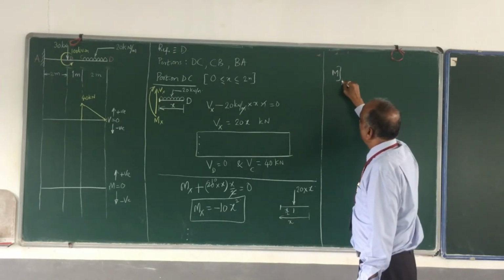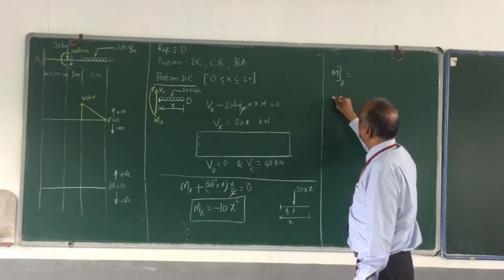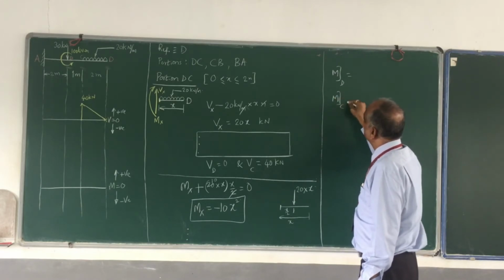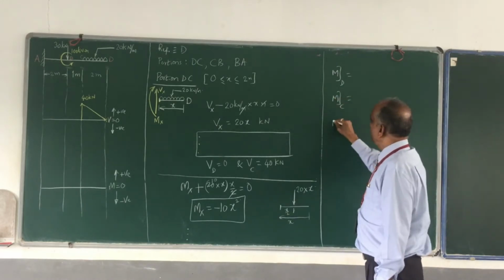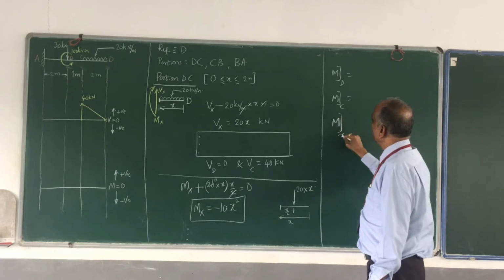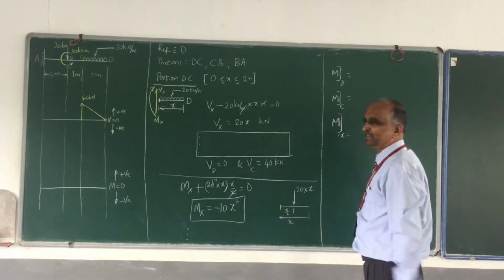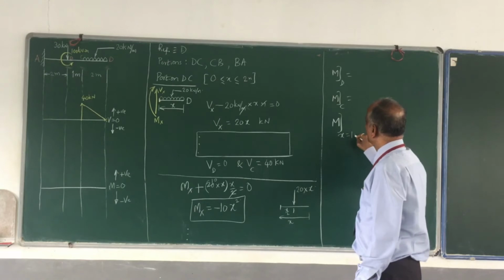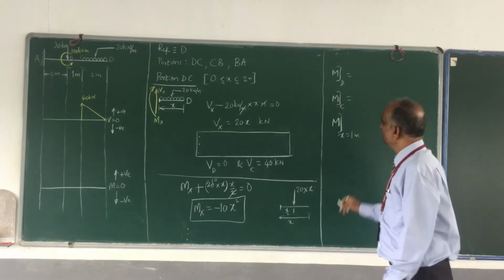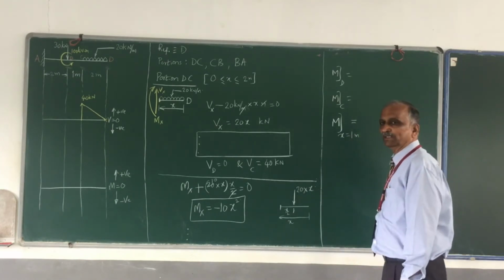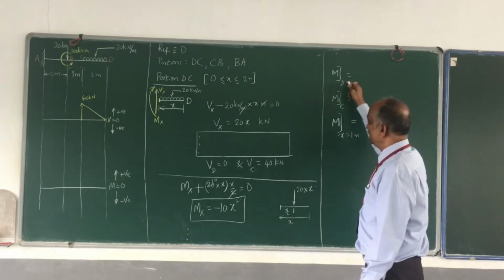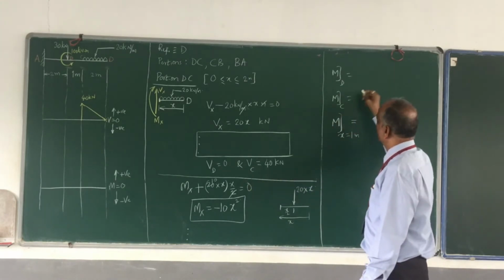Bending moment at D, then bending moment at C, and bending moment at x equal to, maybe between D and C, that is x equal to 1 meter. You are finding out the bending moment at 3 points. Bending moment at D, x is equal to 0.